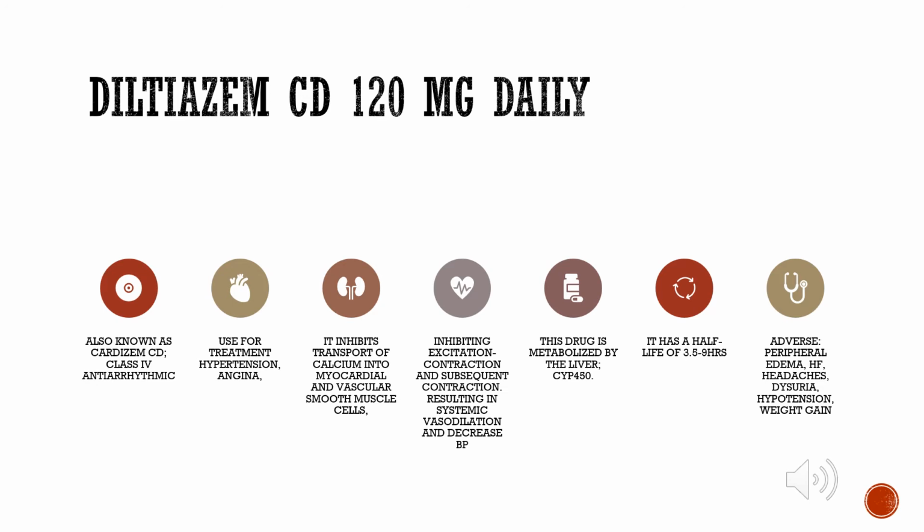It is metabolized in the liver by cytochrome P450. It is excreted in the urine and feces. Some of the precautions and the contraindications of this medication include uncontrolled hypertension or patients with hypertension and PVD.